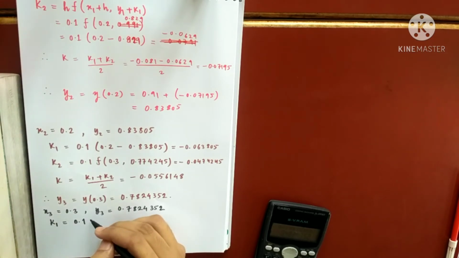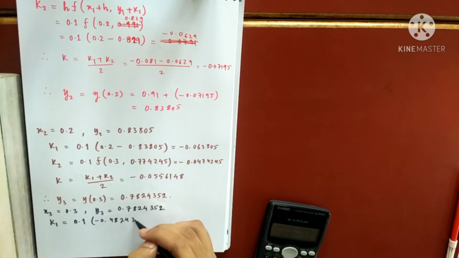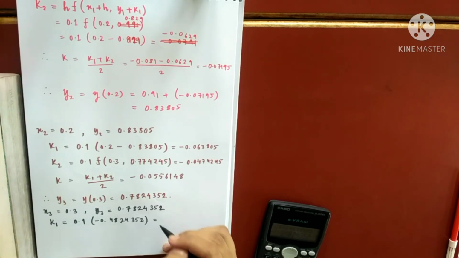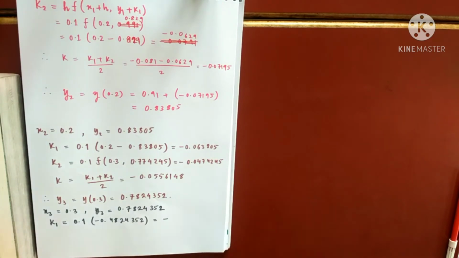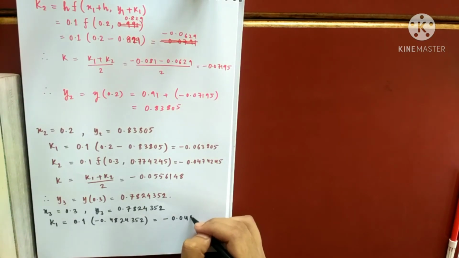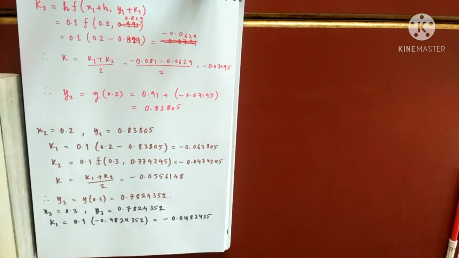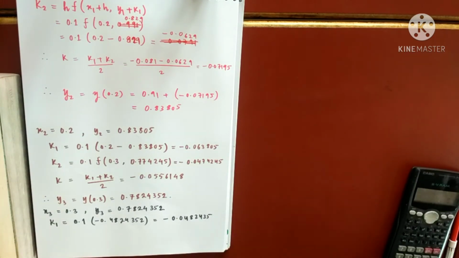So it is same as minus 0.482432 into 0.1. It is becoming definitely one more zero will come, 0.0482435. I'm just taking up to 7 decimal places because I want to get the answer correct up to 5 decimal places.